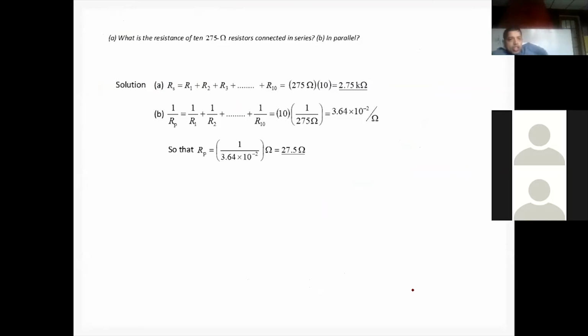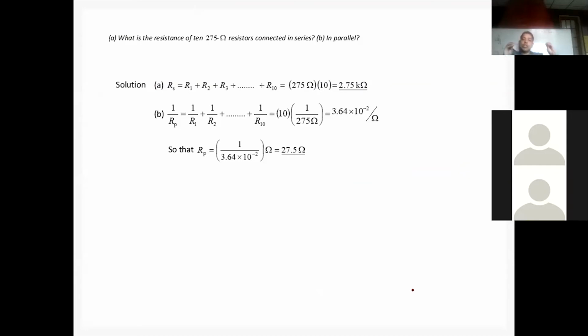Okay, what is the resistance of 10 275-ohm resistors connected in series and parallel? Let's do one more problem here. You have 10 resistors of the same value, each of them 275.